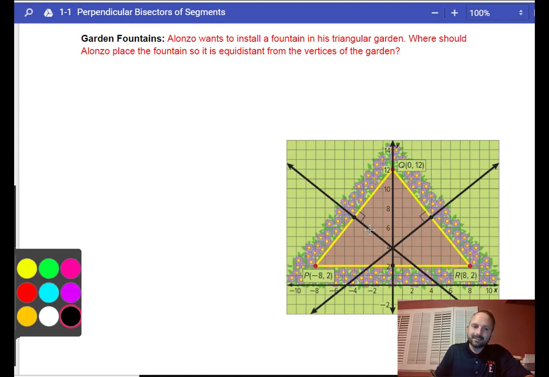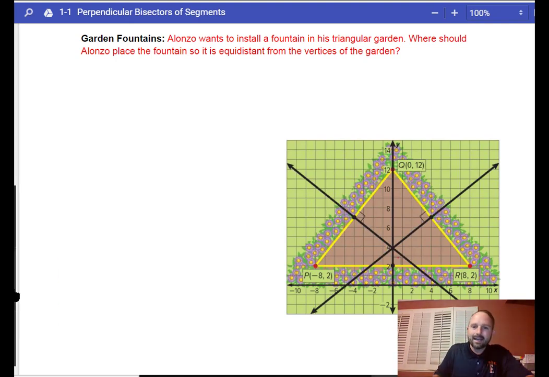At this point right here, where I'm circling, that's equal in distance from each of the vertices. Well, if that's the case, then that's where we should build our fountain.